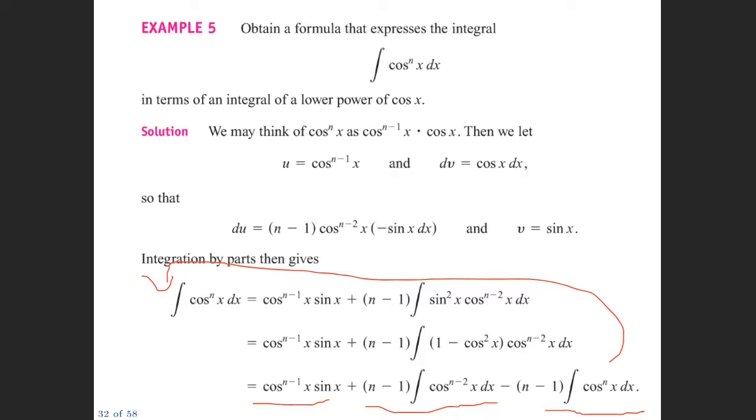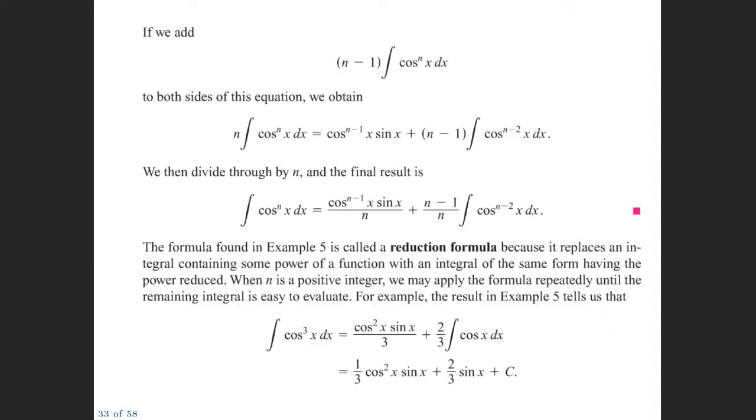This final one we can take over to the left-hand side. Just as we did before, if we add n minus 1 multiplied by this integral to both sides, we end up with n multiplied by this integral on the left. So we get n multiplied by the integral of cos to the power n is a function plus an integral of a smaller power of cos. And that's what we asked for.